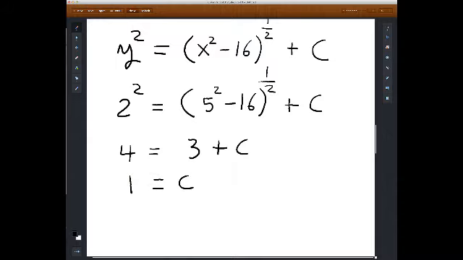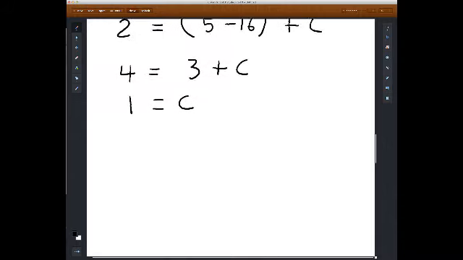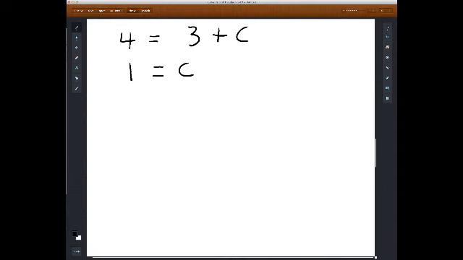So our solution to the initial value problem is that we have to have that y squared is equal to this. My pad is not making me happy right now. All right, so that has to be equal to what?